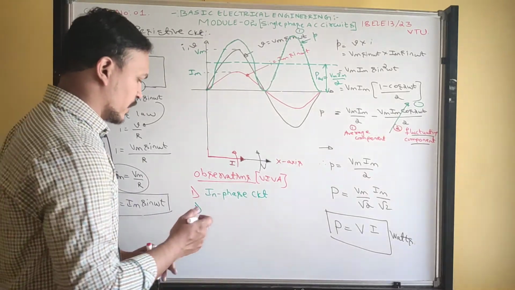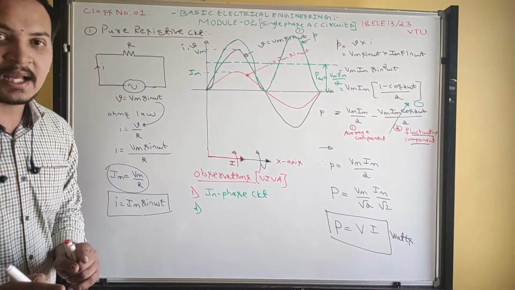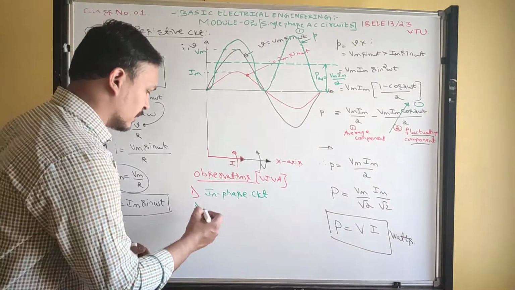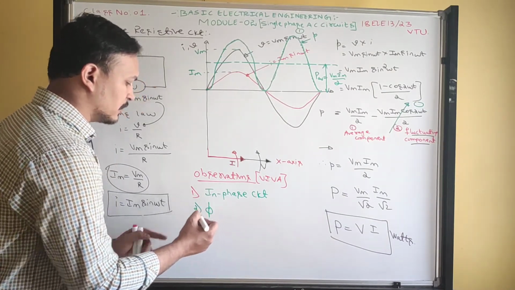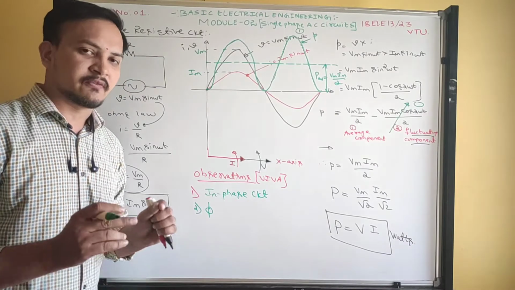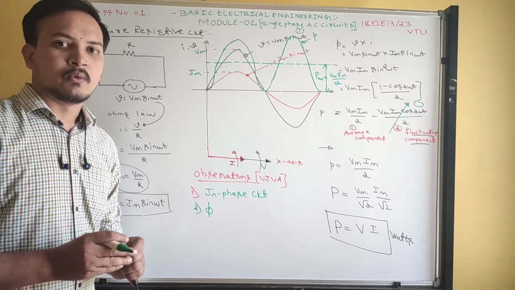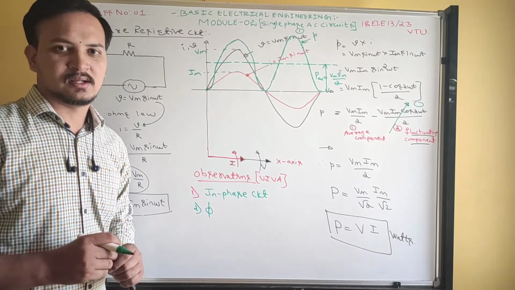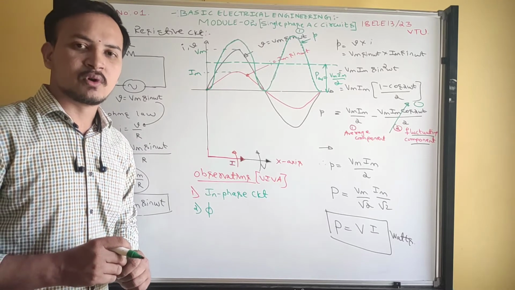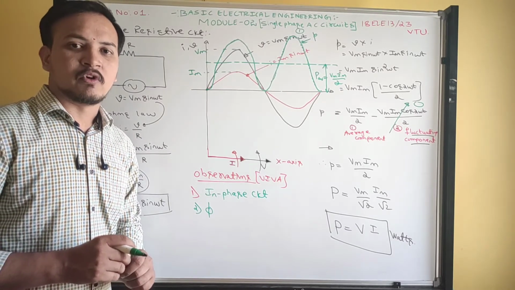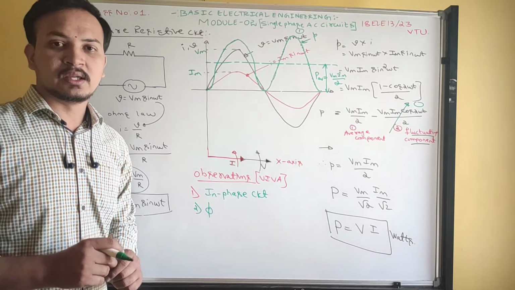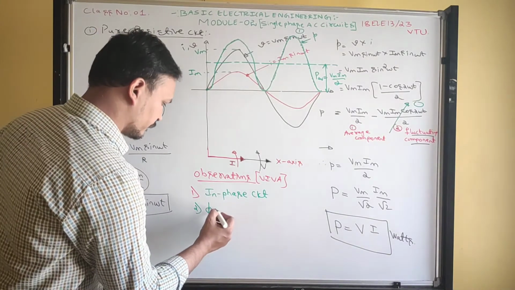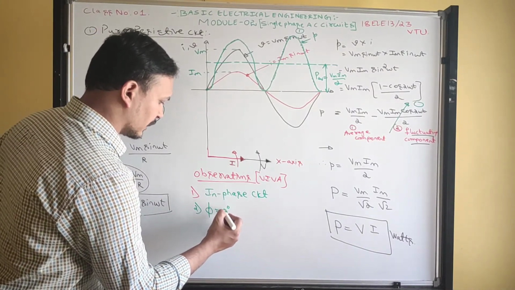Next, the second point: the phase angle between voltage and current, the phase angle denoted by phi, for a pure resistive circuit is 0 degree.